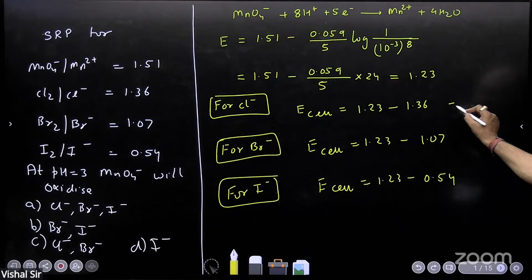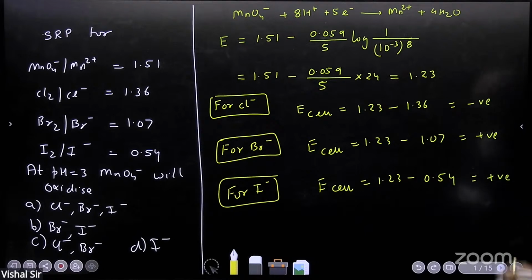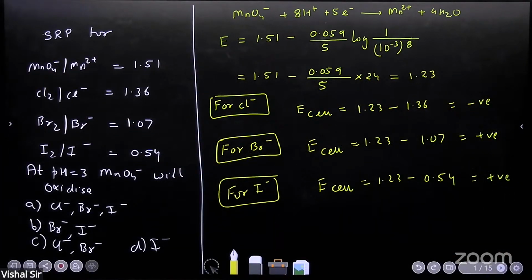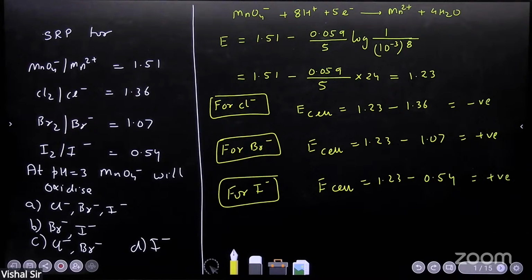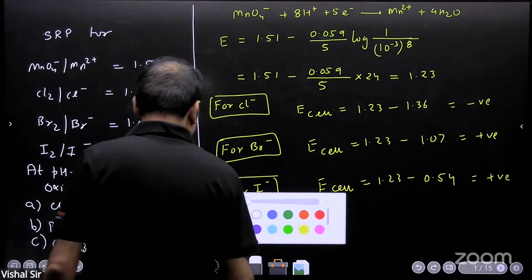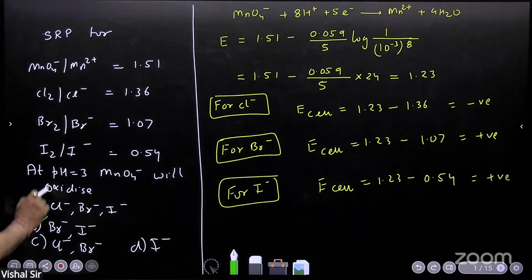So what we can see here, this value is negative. These both are positive. Now for a reaction to be spontaneous, we know delta G should be negative, and for delta G to be negative, E cell should be positive. And we are getting positive E cell only for bromine and iodine. So our answer here will become B.